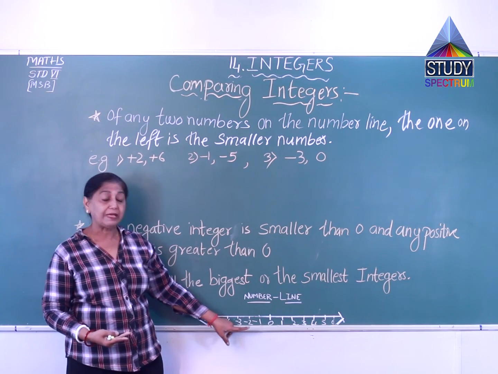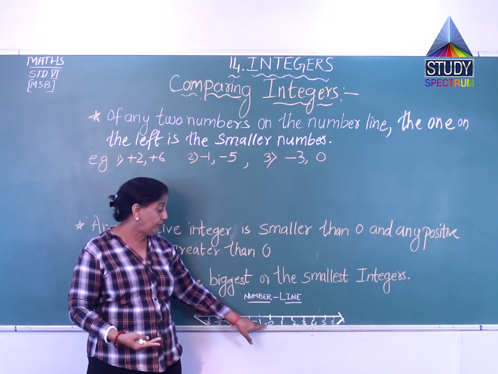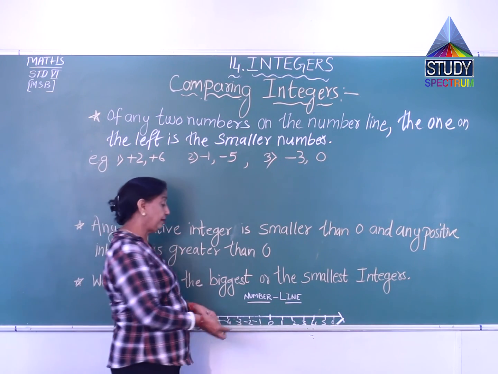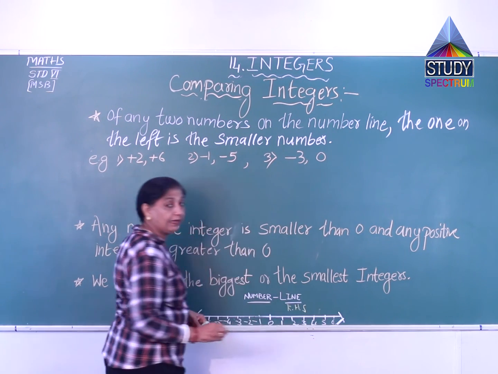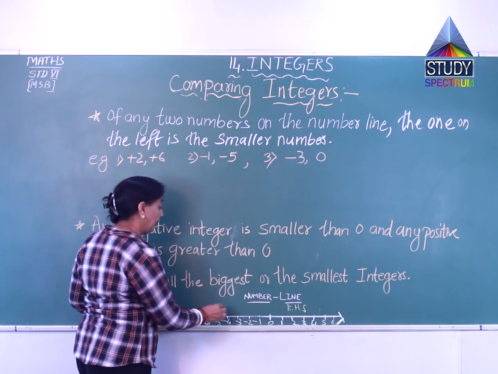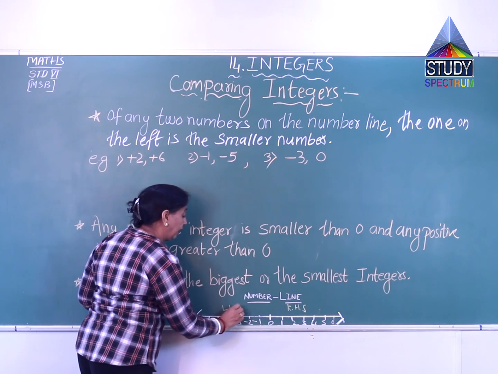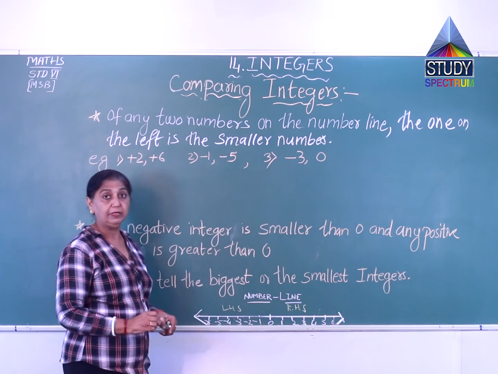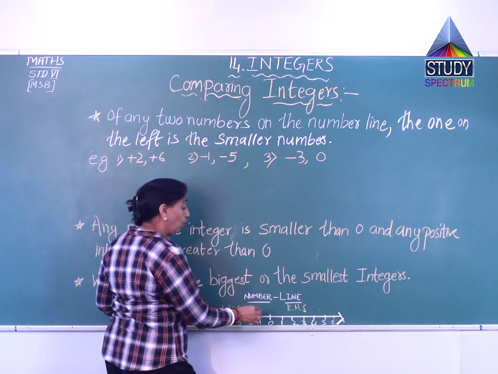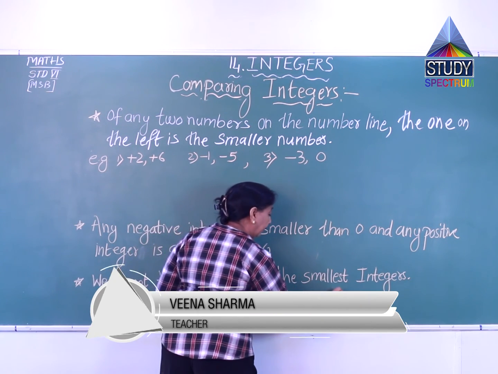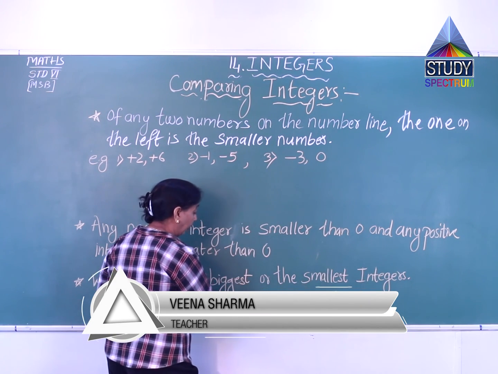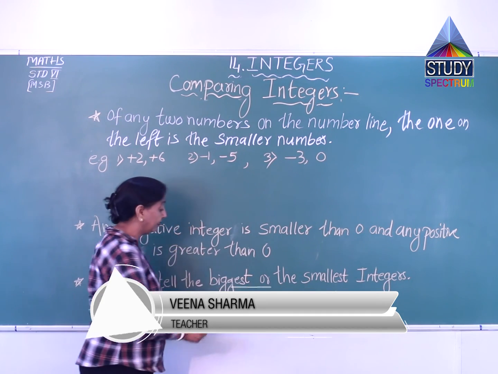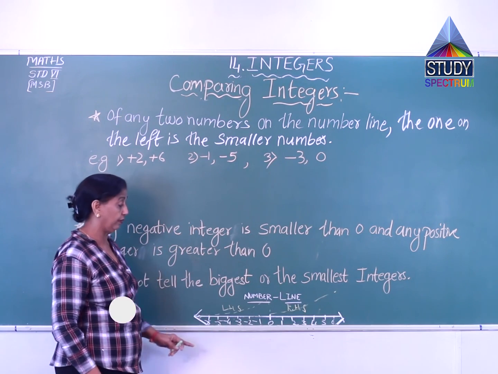And as I have explained you, numbers to the right hand side of the number line are positive numbers and to the left hand side are negative numbers. And the number here goes on increasing. They are in ascending order, and here the value goes on decreasing, that is in descending order.